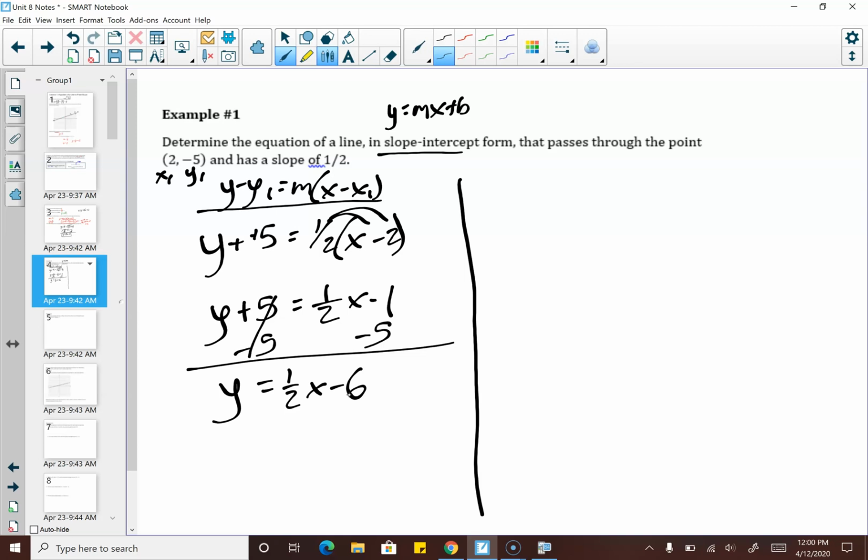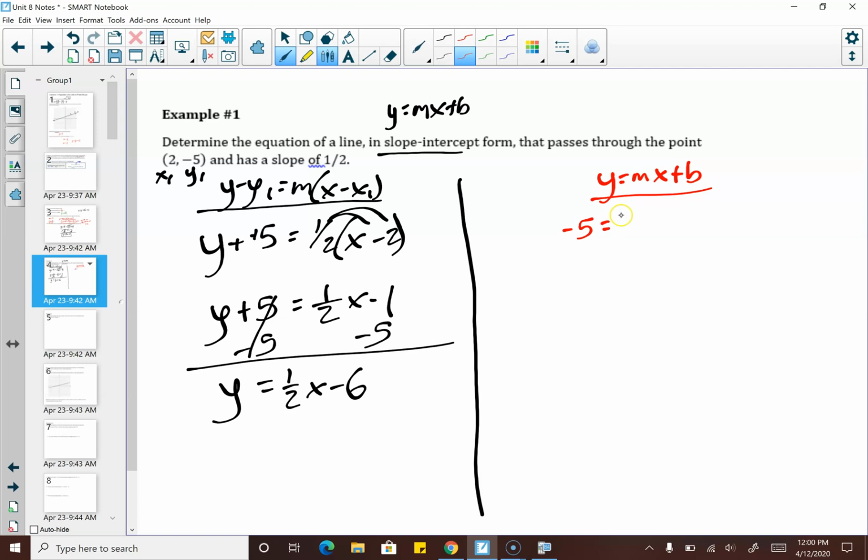Okay. Now, the other way I'm going to show you is how you can work with the y equals mx plus b formula right off the bat. So if you know the point or one of the points on the line and you know the slope, we can plug in to solve for b.